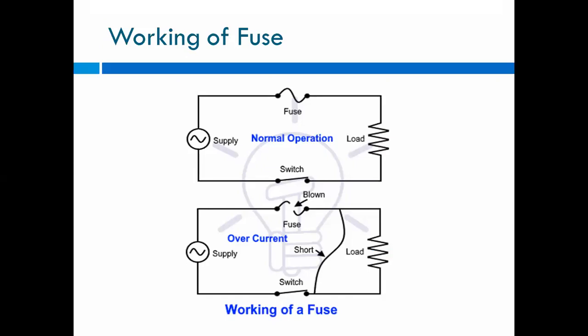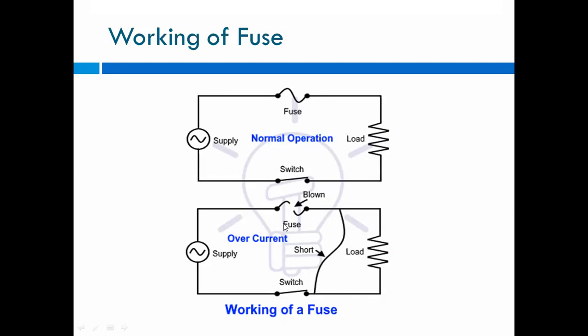Now how this fuse works simply: here your load is considered, and when you give the supply, if it is the normal operating condition, then the current will flow through the circuit. But if an overcurrent or a very high current flows through the circuit, beyond the rated value of the fuse, then this fuse will blow out, means its conductor will melt there.